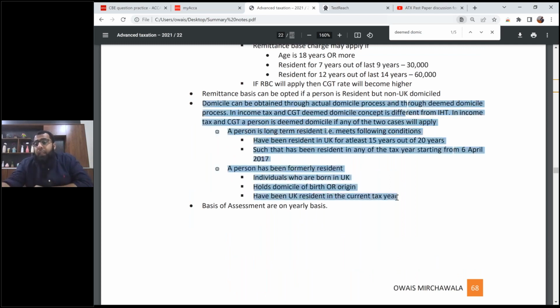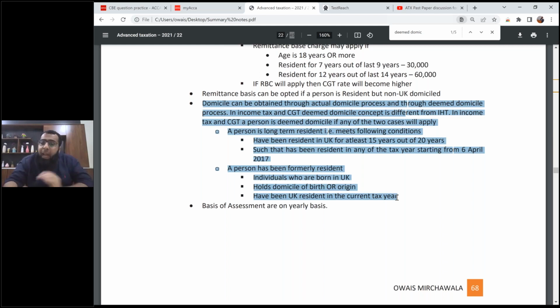Okay. One student is asking, sir, in the examination, sir, please repeat. What do you want me to repeat? The student asked me that deemed domicile is only in income tax and CGT. So I was making it clear that the concept of deemed domicile is in IHT and it is also in income tax and CGT. It is in both topics.